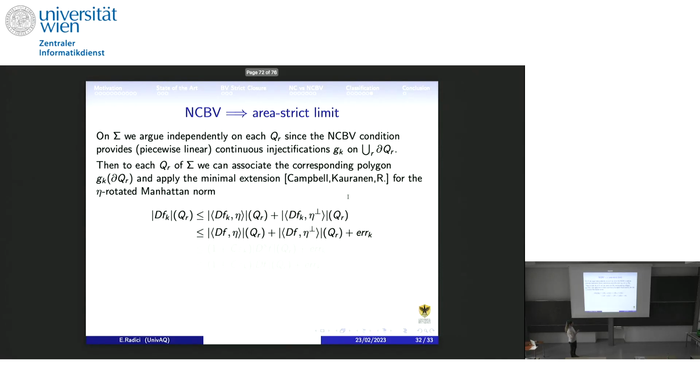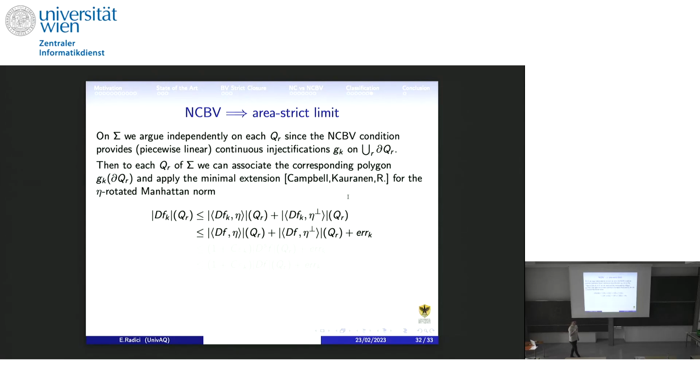So this is for sure smaller than the Manhattan norm at the beginning, plus a small error. But now, since we are around a singular point, in one of the singular squares, we know that the absolutely continuous part of the derivative is very small in both directions.